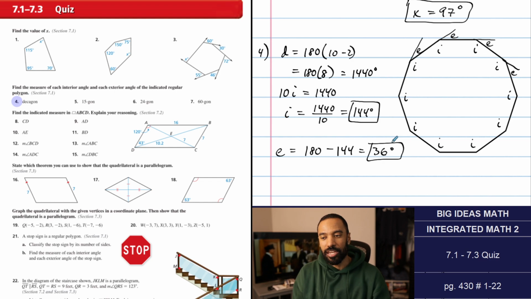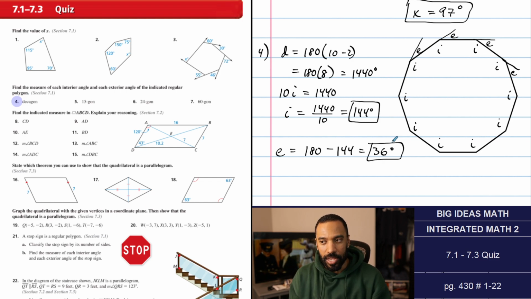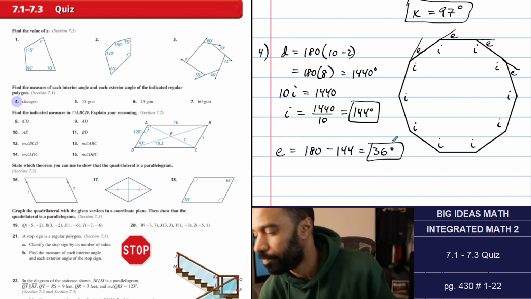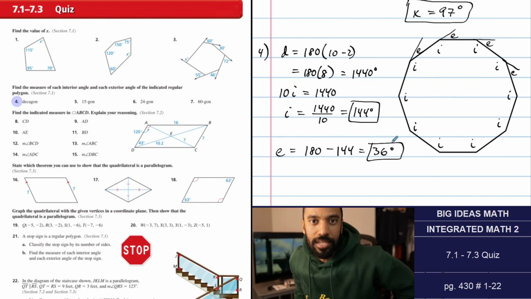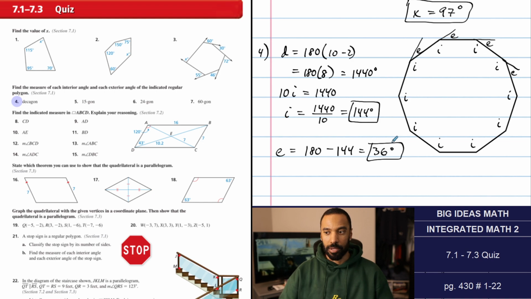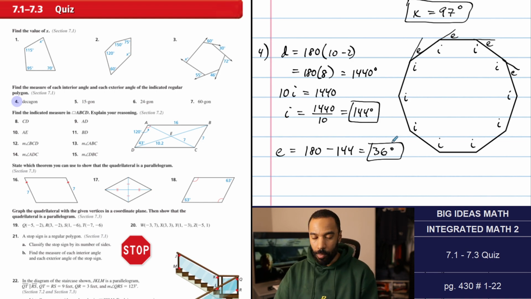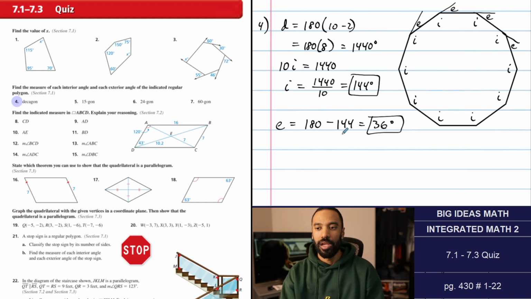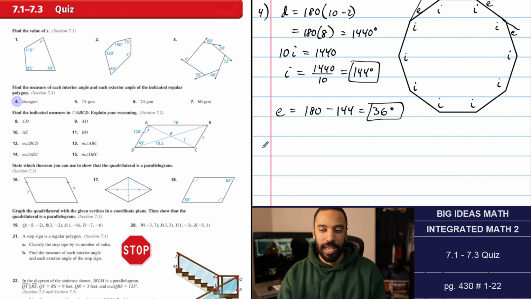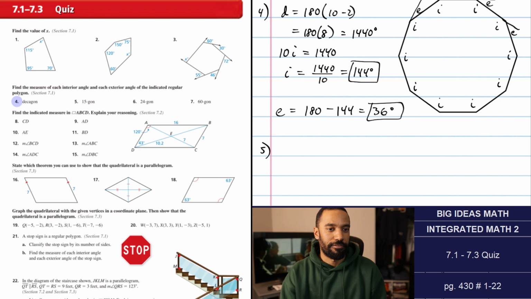Now, you have a second option for E. The second option is, because they're all the same, 10 of those E's would add up to 360 degrees. All exterior angle sums, no matter the polygon, is always 360. I'll do that for number 5 after I still do the degree thing for number 4, and then we'll talk about how we can do it even faster for 6 and 7.